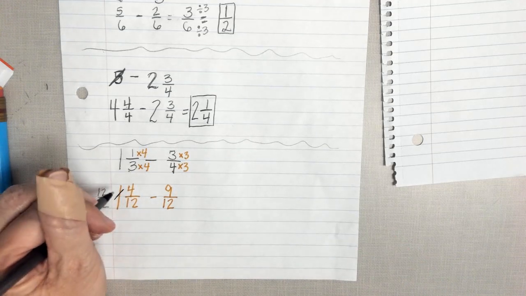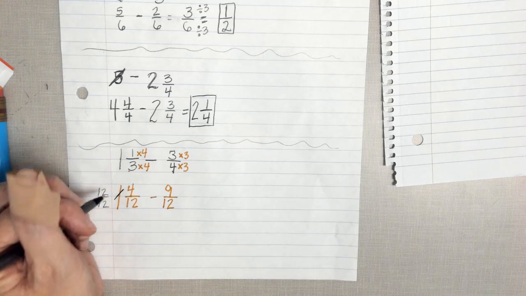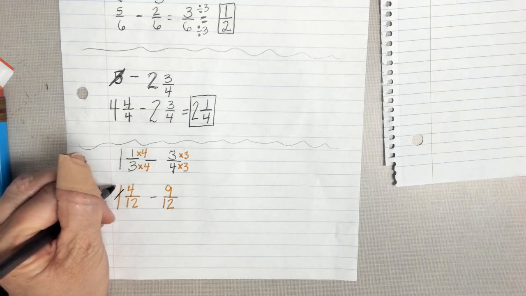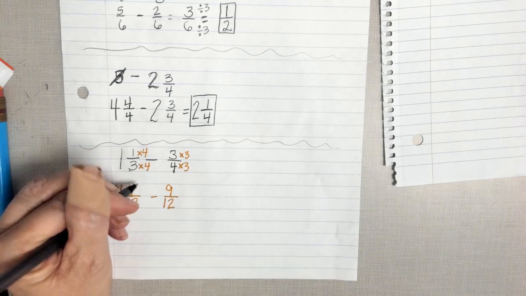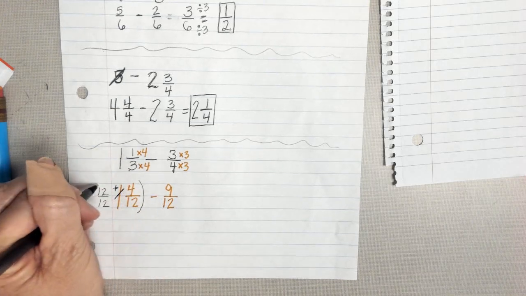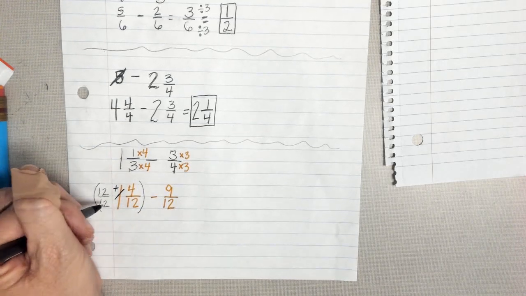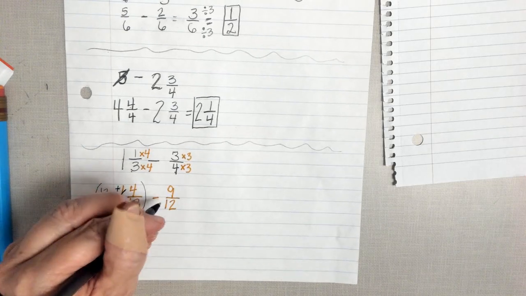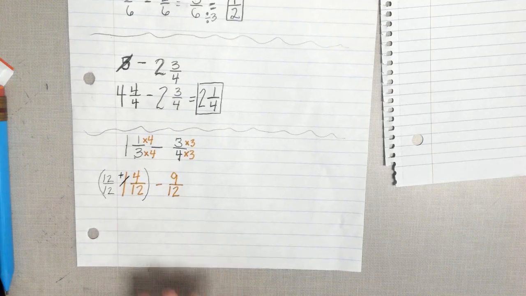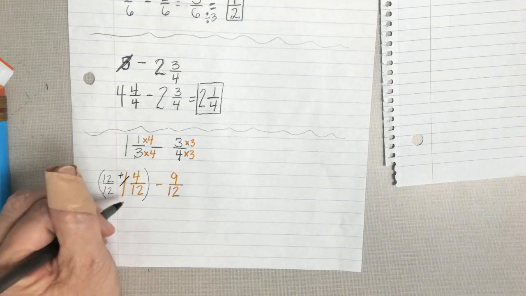Now what I like to do is put these two together. So I'm going to put a little adding symbol, and I'm actually going to put parentheses around this, because technically what I want to do is add first, then subtract.